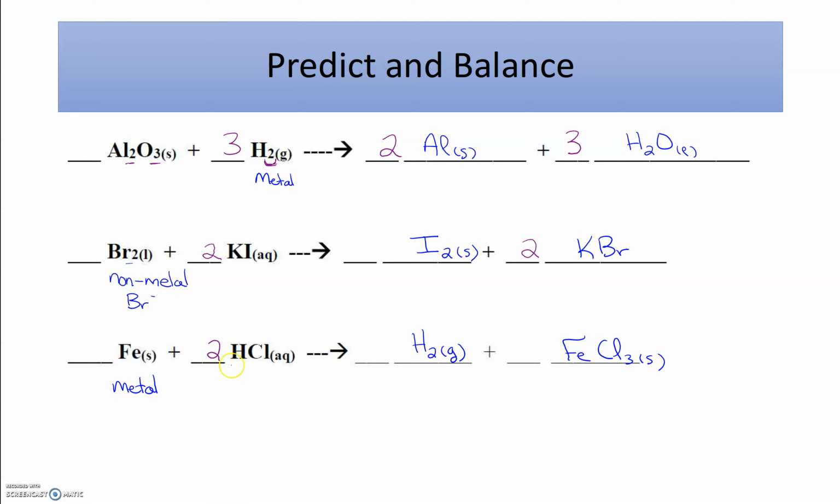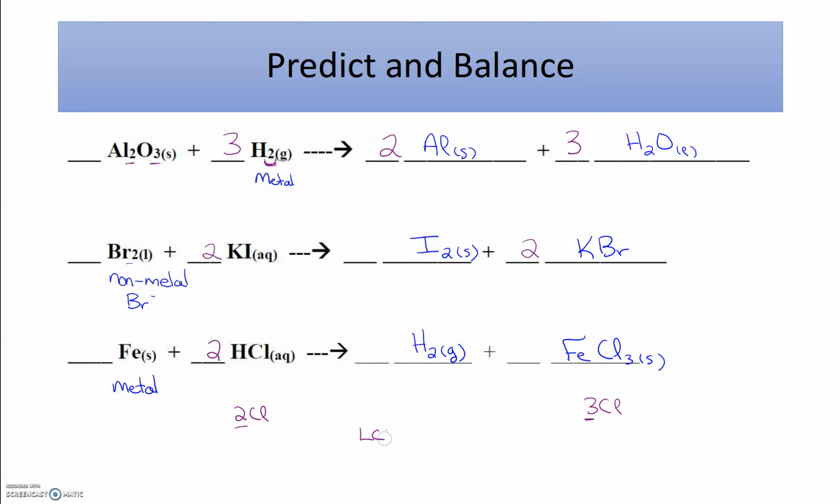Now I'm ready to balance chlorine. So when I go to balance chlorine, on my reactant side for chlorine, I've got 2 of my chloride ions on my reactant side, but on my product side, I've got 3. And so I need to find what the lowest common multiple is between 2 and 3.